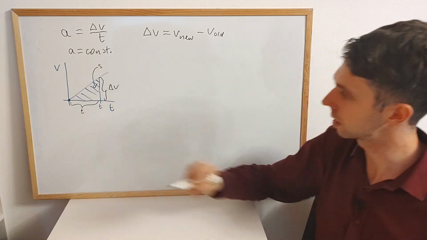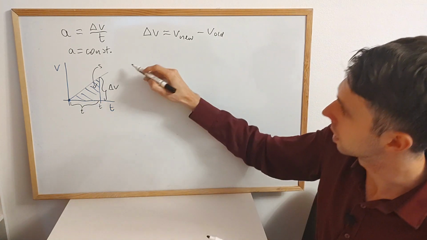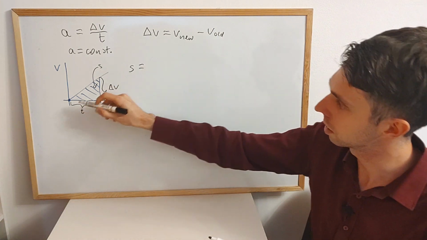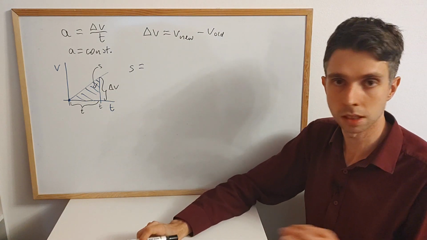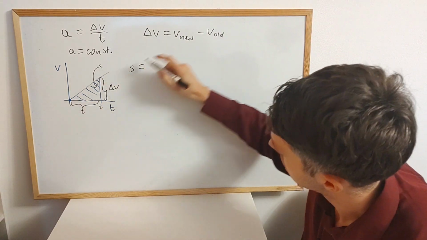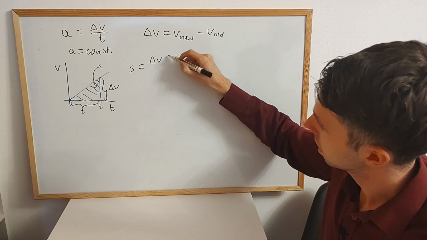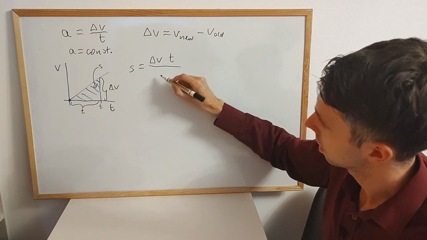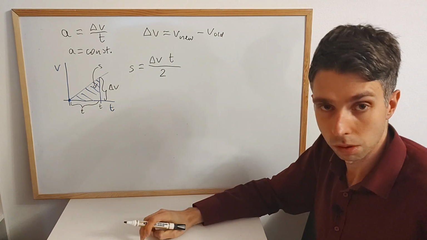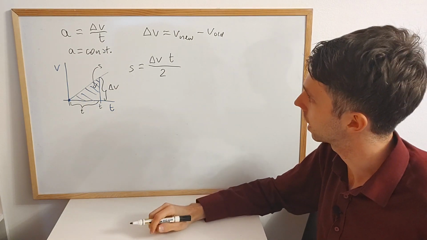This is time, right? So distance can be calculated as the area of this triangle. So this is delta v times t divided by 2 as area of the triangle.